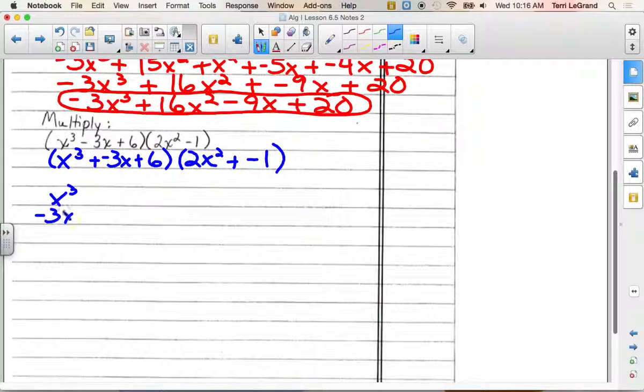And remember what I said, it doesn't really matter which one gets put on which side. You just get to make that decision.